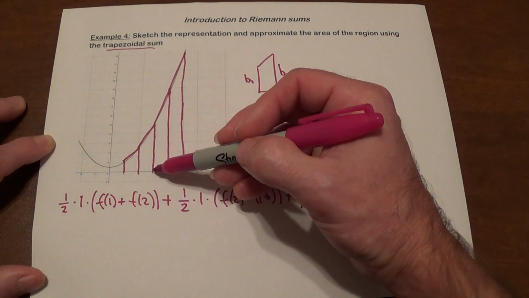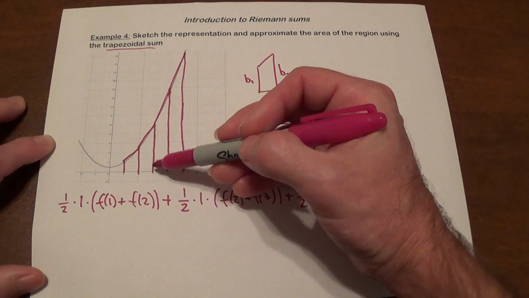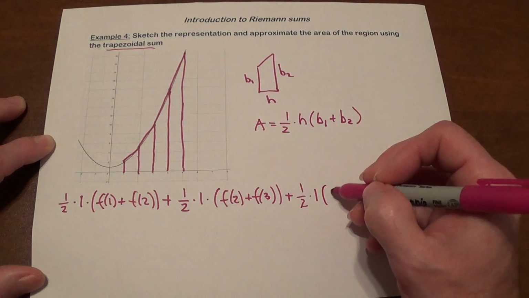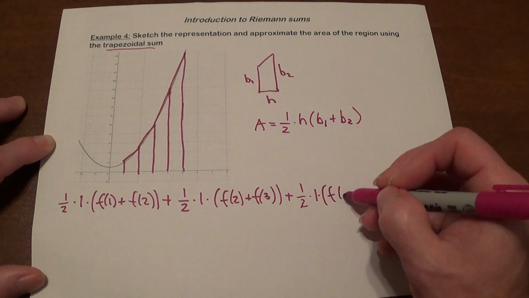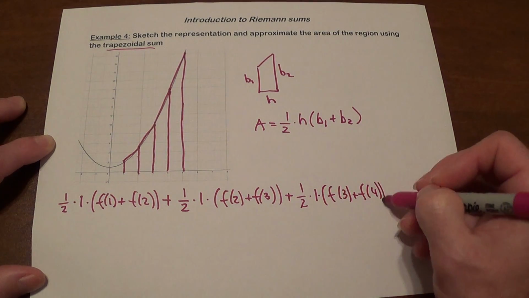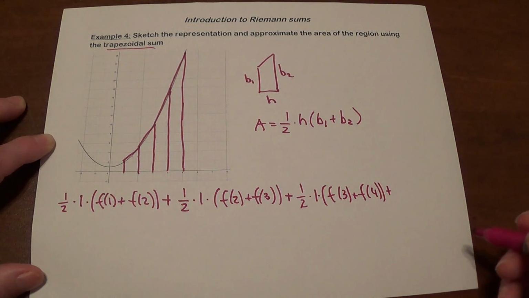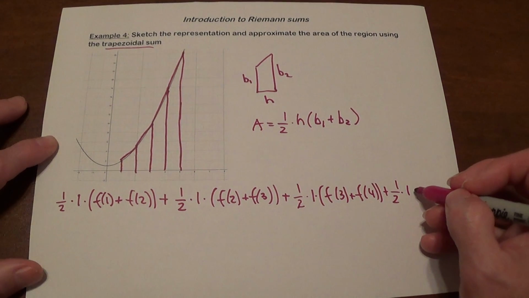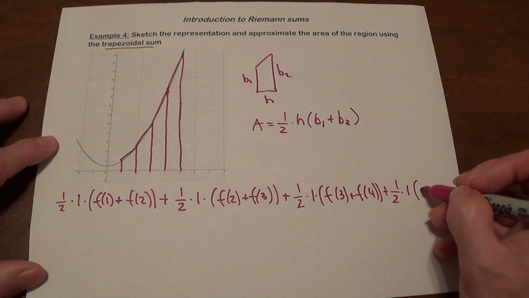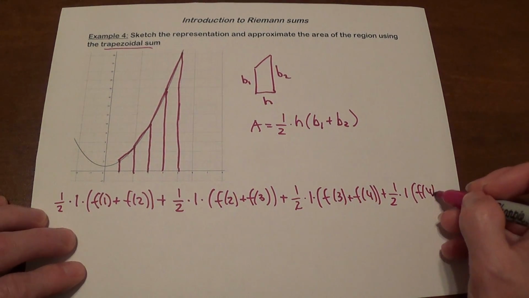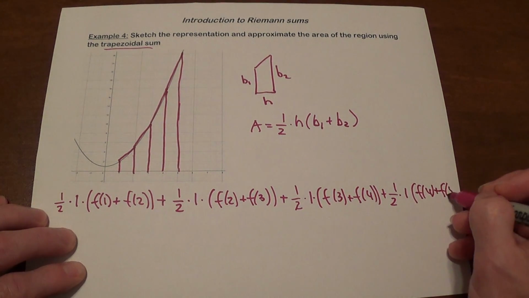We find one base by evaluating the function at 3 and the second one at 4, so it's f of 3 plus f of 4. Plus, for our fourth one, I think you see now the pattern, it's going to be 1/2 times 1 times f of 4 plus f of 5.